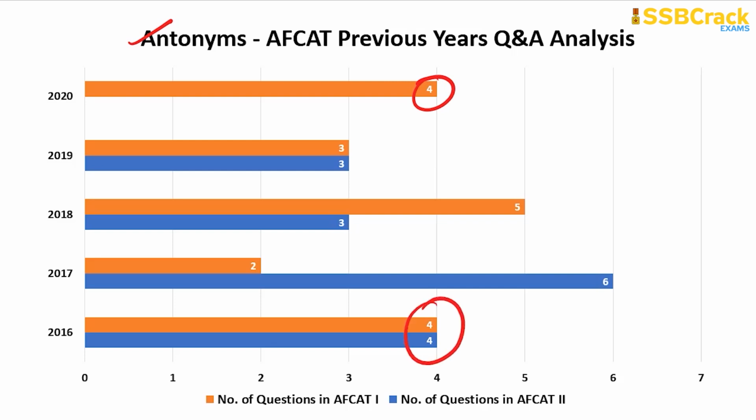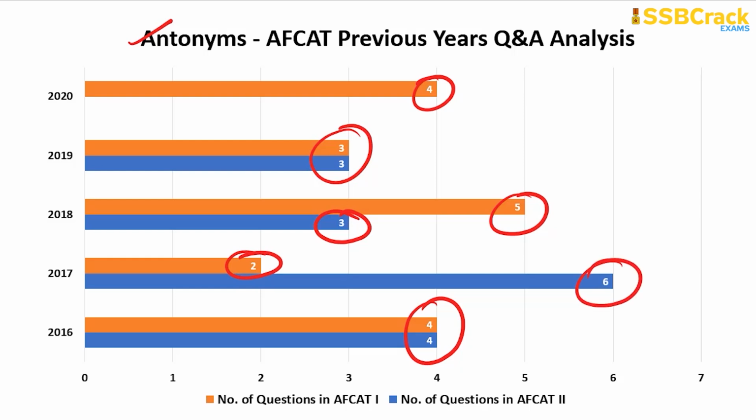And also in AFCAT 1 and 2 2016, while 3 questions came in AFCAT 1 and 2 2019, AFCAT 2 2018, and 5 questions came in AFCAT 1 2018, 2 questions only in AFCAT 1 2017, and 6 questions in AFCAT 2 2017. So on average, 2 to around 6 questions you can expect from antonyms.